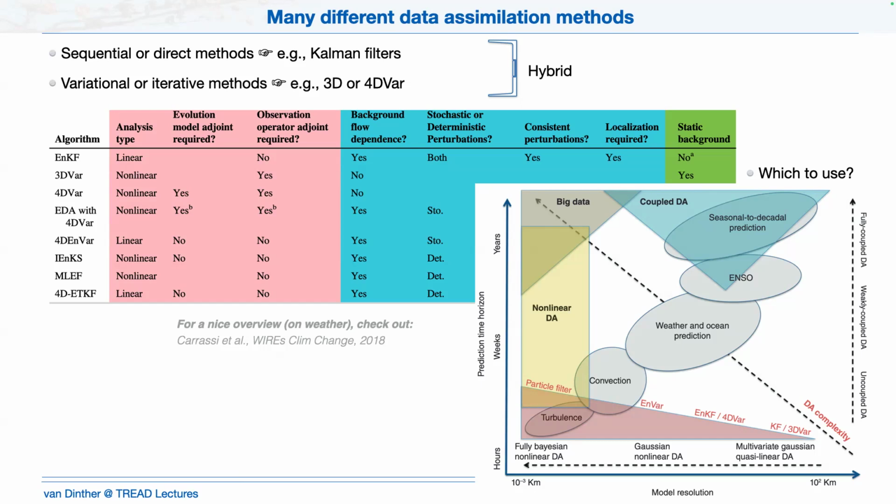You can also make a hybrid version between these sequential and variational methods. What we do is start with sequential methods, because our forward model has a discontinuity that represents the brittle failure in the form of plasticity. So it becomes quite hard to build the adjoints and so on.